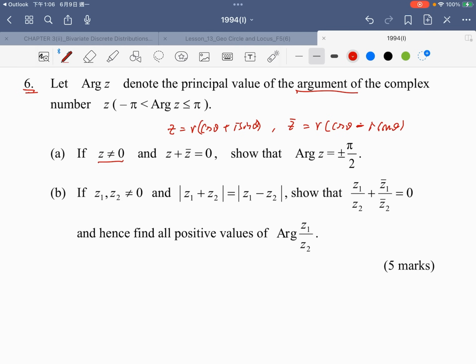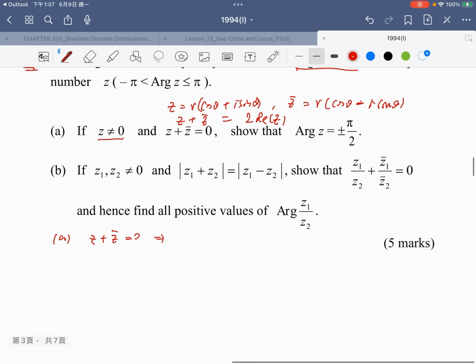That means if z plus z conjugate, there is 2 real part, because this part is cancelled. And 2 real part of z. Now, if z plus z conjugate equal to 0, that means that 2 real part of z is equal to 0.